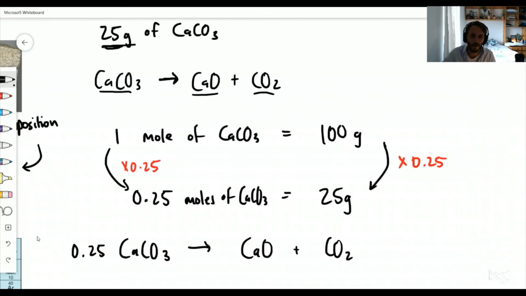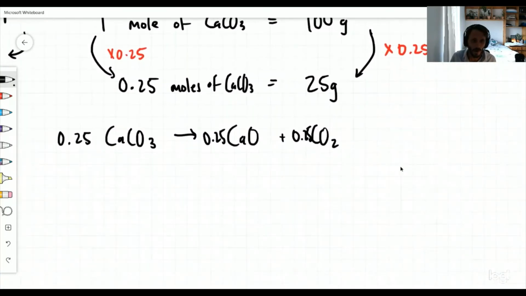Well, you need to go back and look at the ratios of your original equation. Can you see that 1 mole originally will produce 1 mole of calcium oxide and 1 mole of carbon dioxide? So if we've got 0.25 moles, because we've used 25 grams, how many moles will there be of calcium oxide? 0.25 and 0.25.